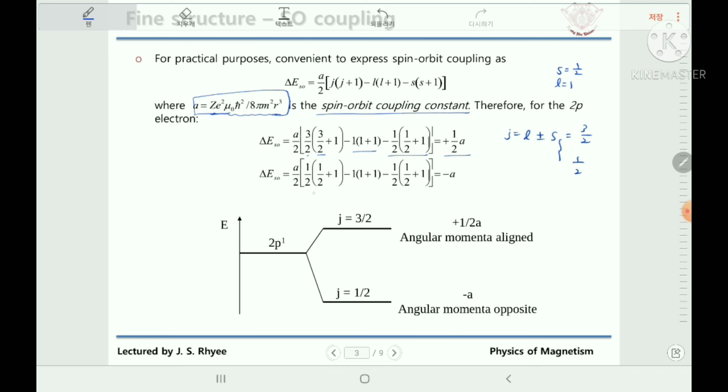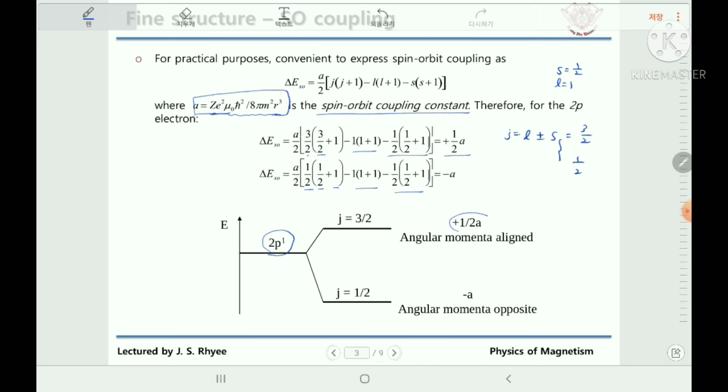The other one is the low energy configuration, where J is 1/2 and L is antiparallel to the spin. When you calculate it, it is minus a. Therefore, in the 2p1 state, there is one electron in the p orbitals, and the p orbital energies are degenerate. But when we turn on the spin-orbit coupling, the degeneracy is lifted.